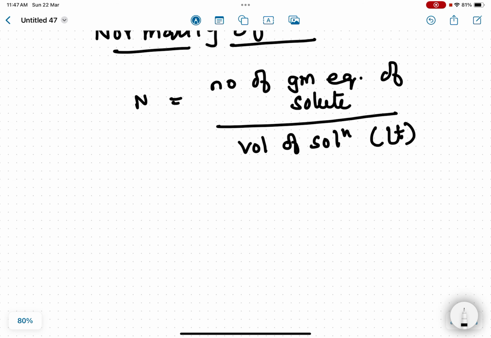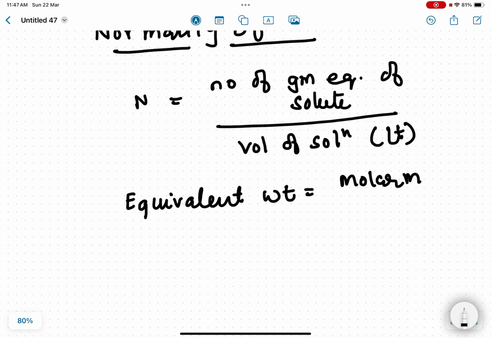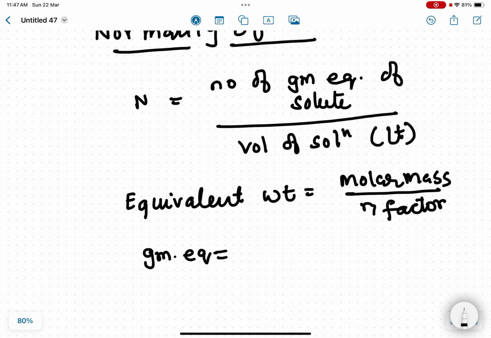Now let us see how we calculate these gram equivalents. There is one more term I would like to introduce here, equivalent weight. Equivalent weight equals molar mass divided by N factor, and gram equivalents equal the mass of solute divided by equivalent weight.